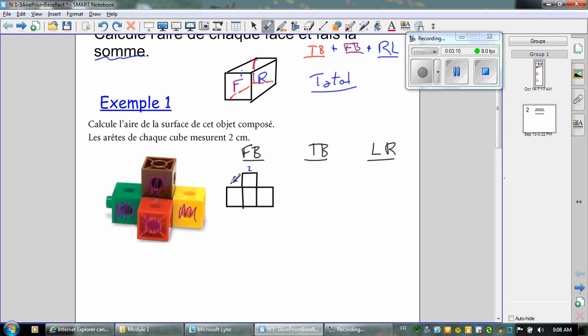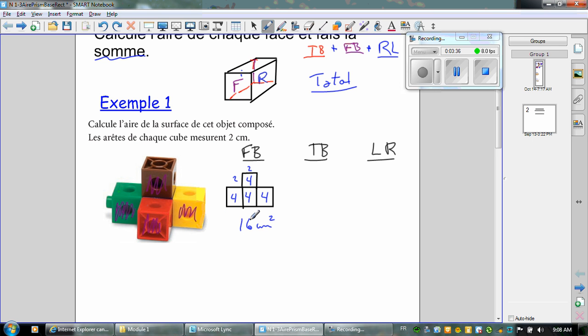So each face is a square, but they're 2 by 2. So each face has an area of 4. So this one also has an area of 4, also an area of 4, and this one also has an area of 4. So the total surface area of the front would be 4 times 4, 16 centimeters, and because it's a surface area, there are 2 dimensions, it's squared.